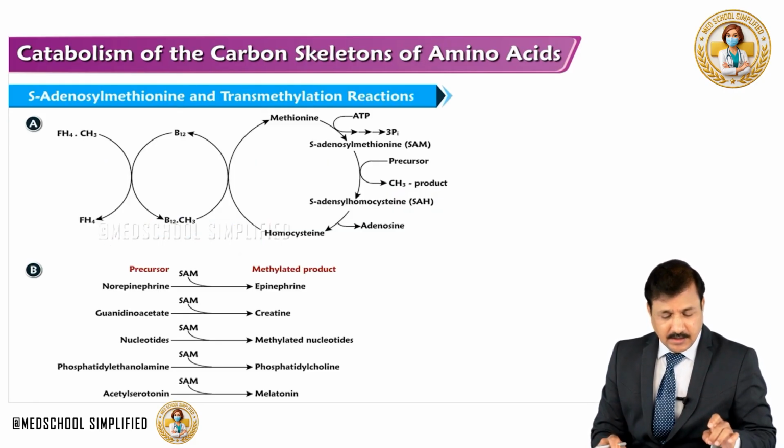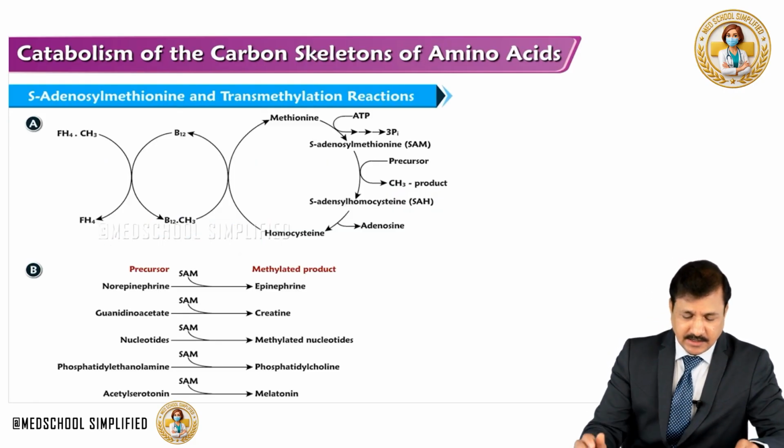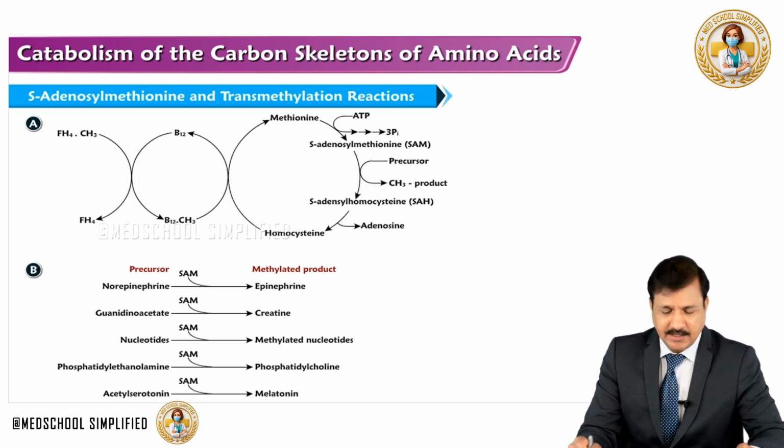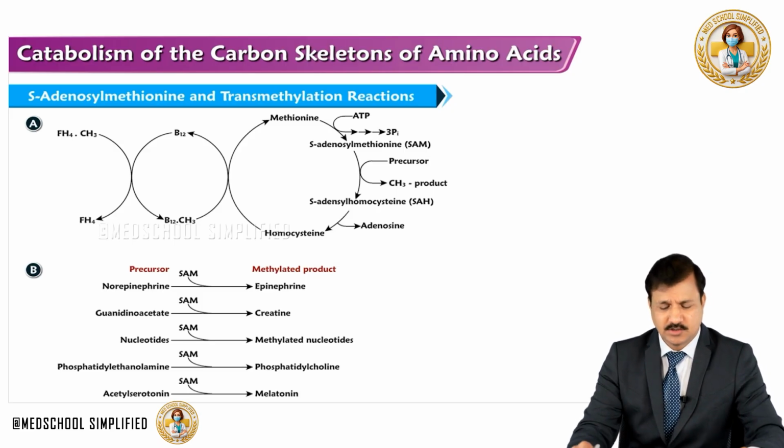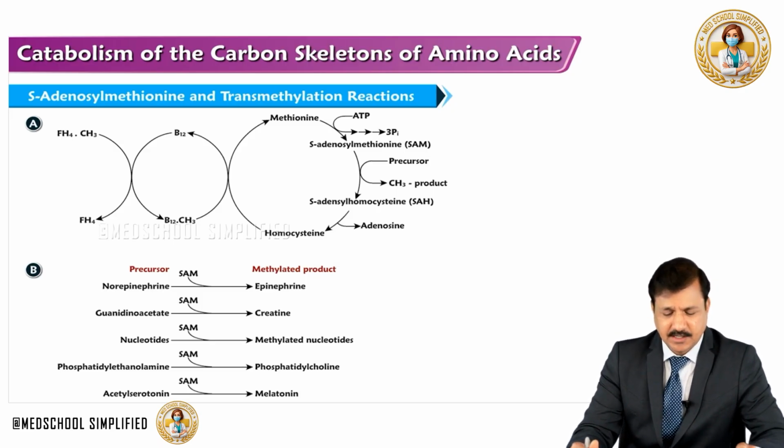Alright. Now let's look at S-adenosyl-methionine and transmethylation reactions. You have to make sure you know some of these details because it is an important concept. Many questions can appear here.